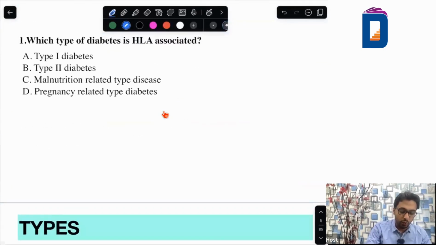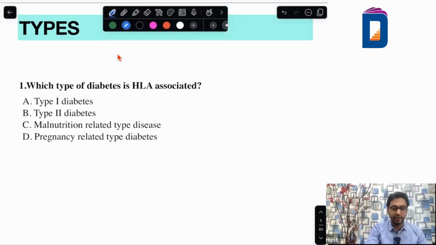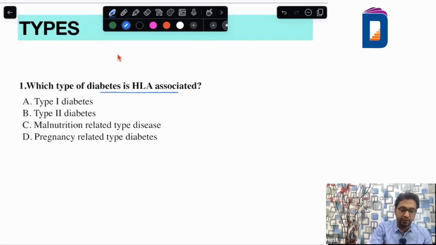I'll give you the types and differences and everything. Don't worry. So we said type 1 is insulin dependent and autoimmune. Now the next question is, which type of diabetes is HLA associated? What is HLA? Human leukocyte antigen. You learn more about this in detail in microbiology.